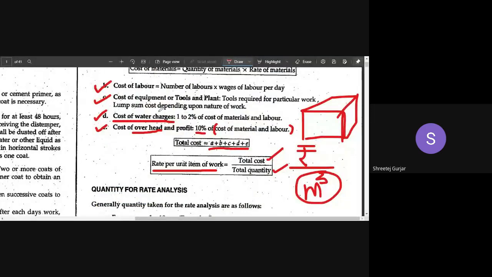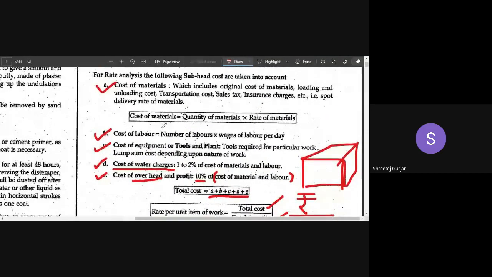Okay, coming back to analysis of rates, right? Cost of materials: whatever quantity you have calculated, quantity of material into rate of material, right? We have done this normally in our module 1 and module 2. Quantity of material, whatever we have calculated in meter cube or meter square, we multiply that by the rate. You will get the cost of material.